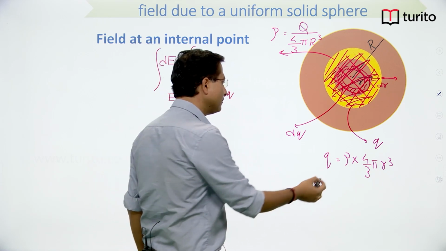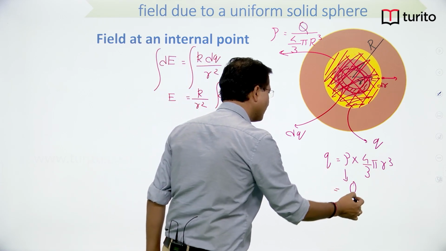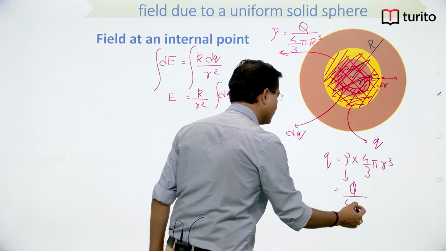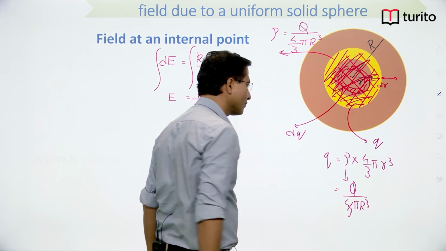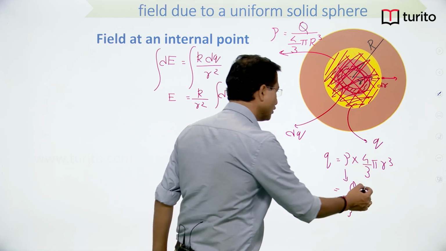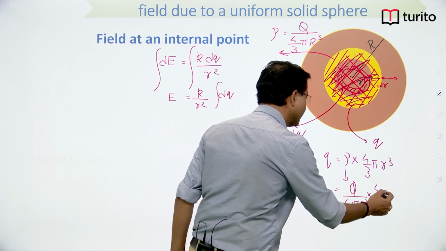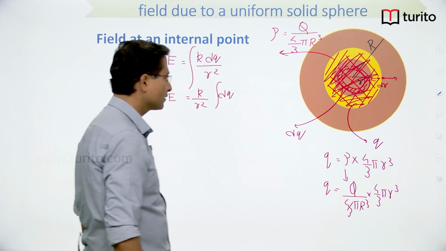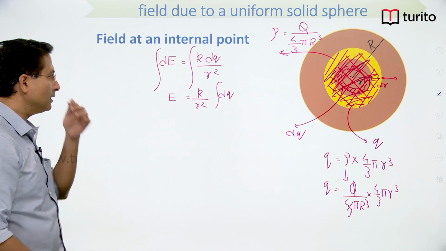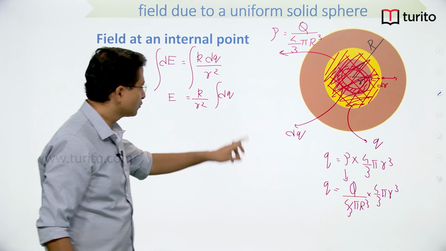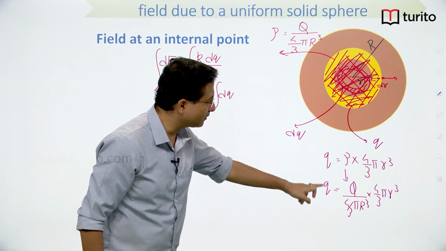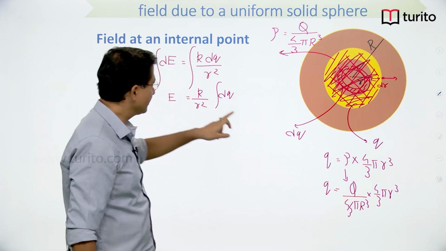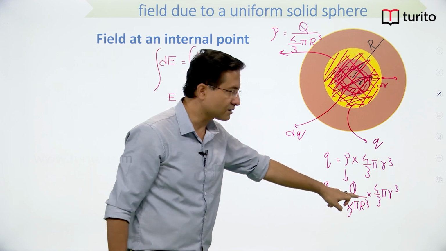right. And we know that this charge density is nothing but Q divided by 4 by 3 pi R cube, into 4 by 3 pi small r cube. This will be the total charge. So integration of dq will give you this, right.